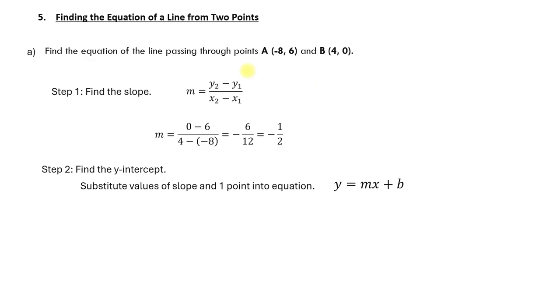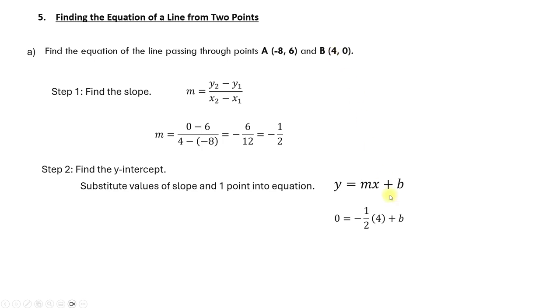So we're going to use one of these points. Let's use this one. It's a little bit simpler. So we know that the value of y is 0. The slope is -1/2, which we'll put right here.